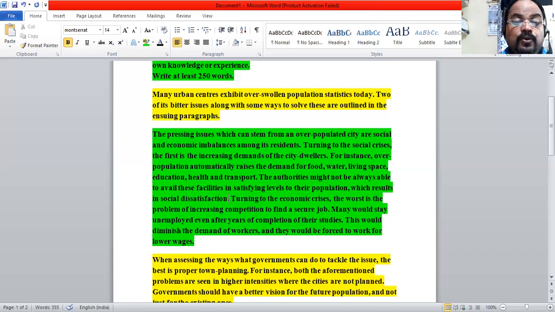So when the governments fail to provide all these facilities to the population, what about food, water, living space, education, health, and transport? In many countries, you can see recently what happens in Sri Lanka is that the government is having problems in meeting the demands of the people.